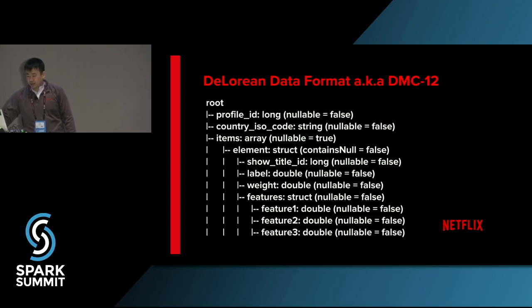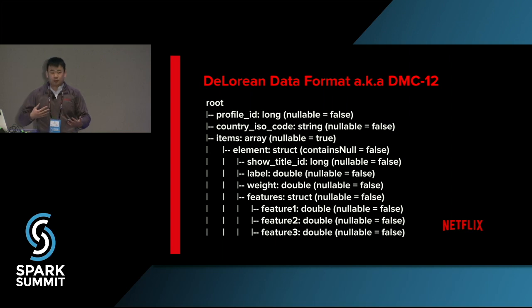Okay, so here is our shared format at Netflix. We call it DMC12, or the DeLorean format. DeLorean means time machine, so we are trying to predict something tomorrow for you, based on the historical data. As you can see, the top two levels form a nested structure.